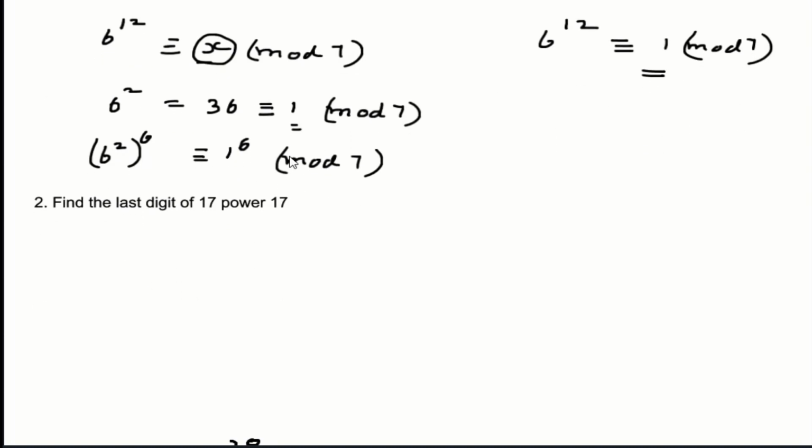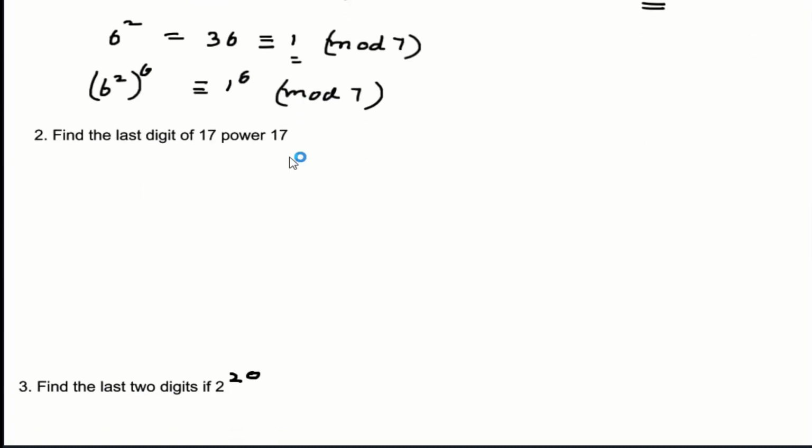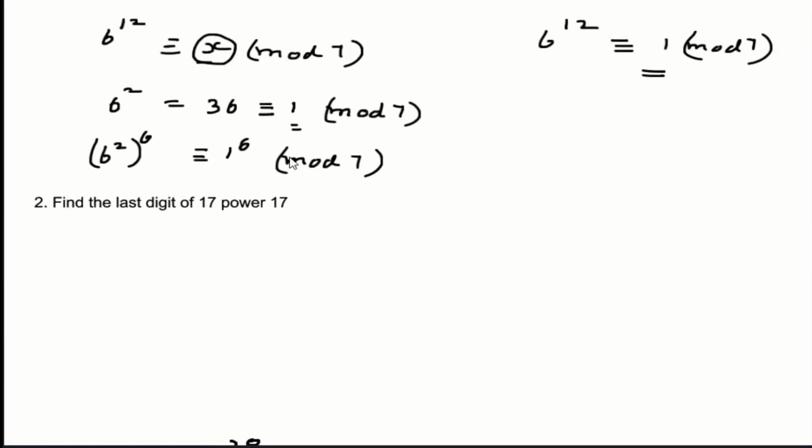Okay. Find the last digit of 17 power 17. Here it is given 17 power 17 is congruent to... the question is to be framed like this only: congruent to x mod what? 10. Why am I writing it as 10?